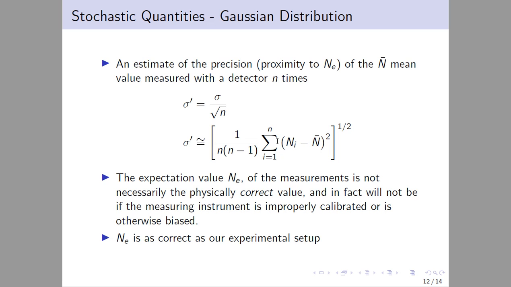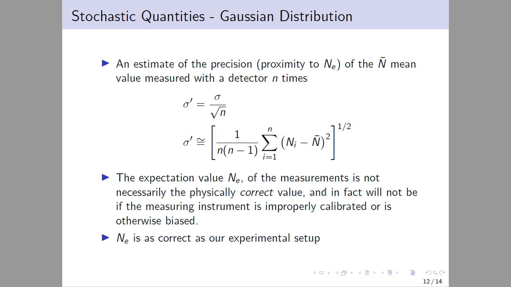Here the expected value n bar of the measurement is not necessarily the physically correct value, and in fact will not be if the measuring instrument is improperly calibrated or otherwise biased. Like I said, the temperature detector at the shops does not necessarily show our true temperature on the screen.